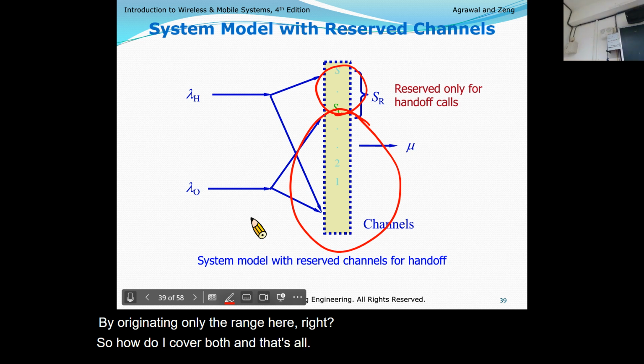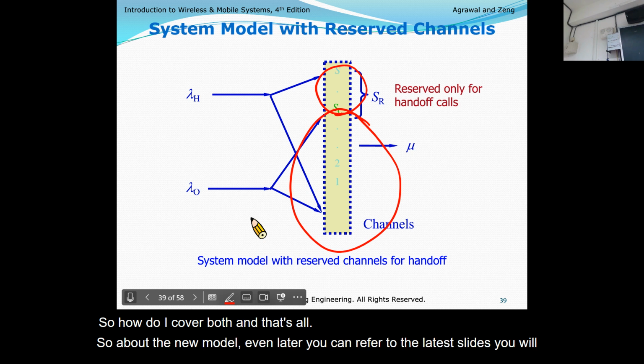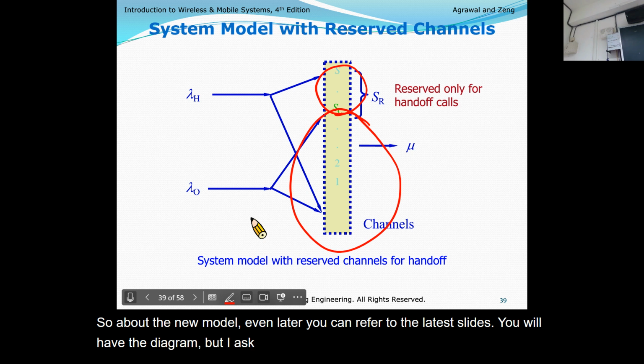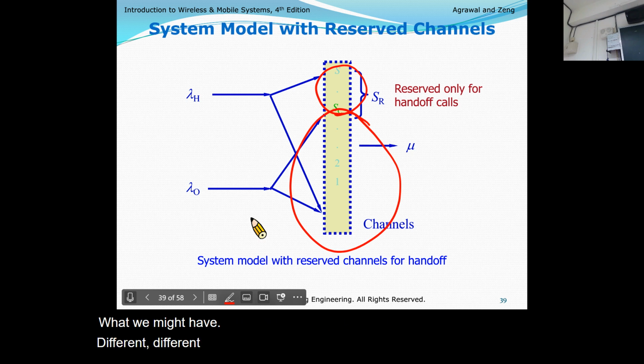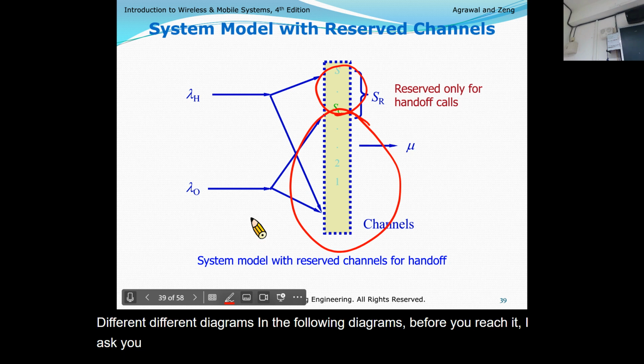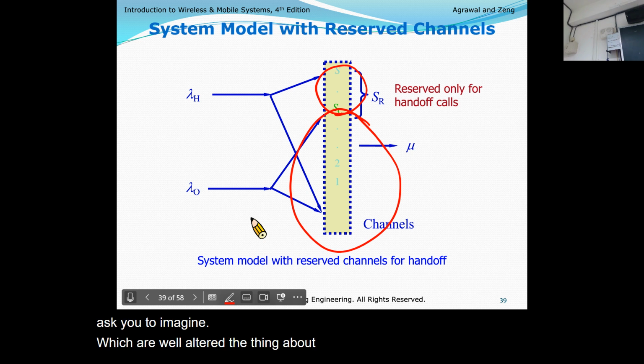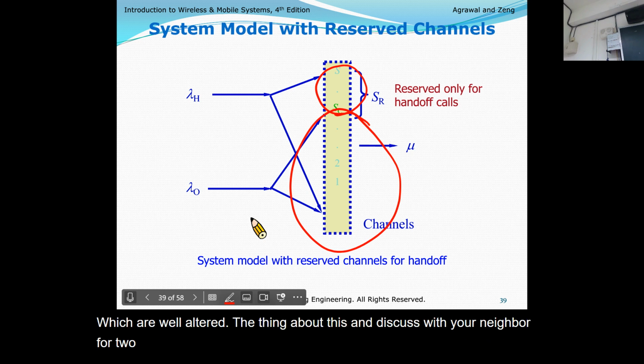So about the new model, later you can refer to the later slides. You will have the diagram, but I ask you to take 2 minutes to think about what might be different in the other diagrams. Before you reach it, imagine which part we will alter. Think about this and discuss with your neighbor for 2 minutes, and later I will bring it out and check whether it is true.